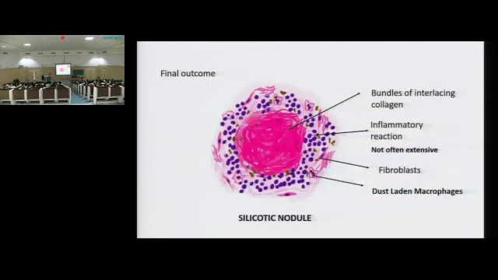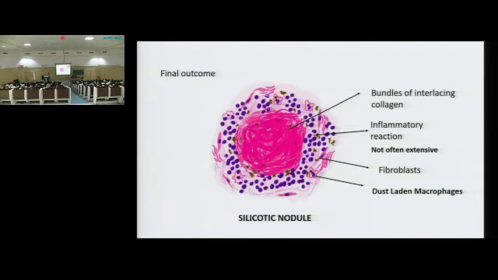So what will you see microscopically? In the diagrammatic picture, in the center there will be areas of collagenization, due to bundles of interlacing collagen fibers. These areas of collagenization are surrounded by inflammatory cells like lymphocytes, but these inflammatory cells are usually not extensive in amount.